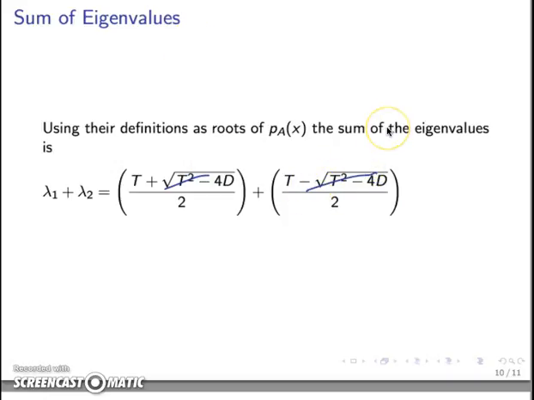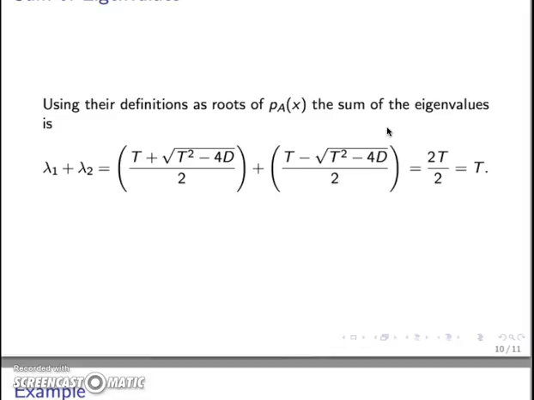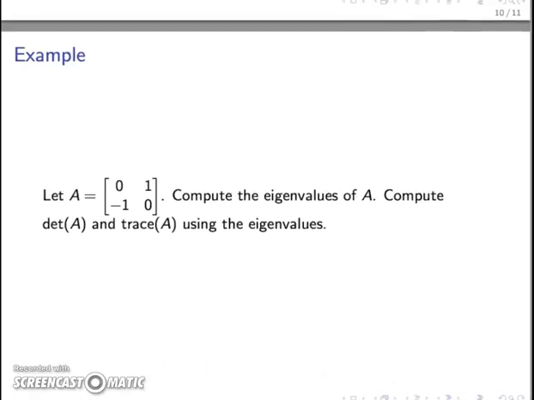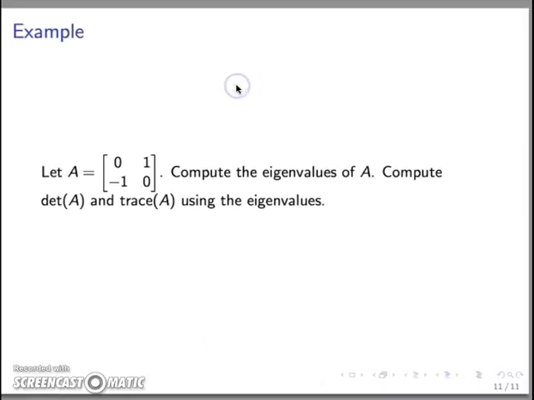And so by adding them up, you end up only with the trace. In fact, 2 times the trace in the numerator divided by the denominator 2. And so the sum of the eigenvalues equals the trace of the matrix. Another important result. And so this example is going to be left as an exercise.